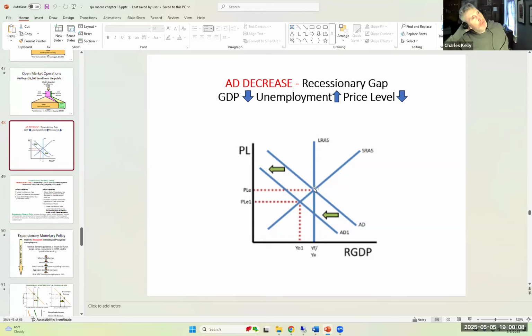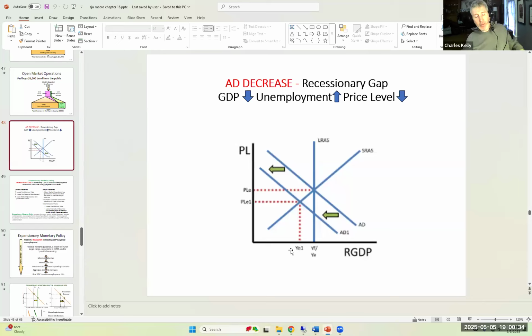So we have this leftward shift in aggregate demand. It's called a recessionary gap because we'd like to be producing this amount of real GDP, but now at the new equilibrium, economic output has fallen below potential. We have a recessionary gap. That means we're not here at YF, we're all the way over here at YE1. That means we have what?